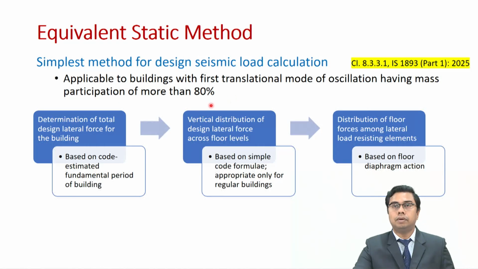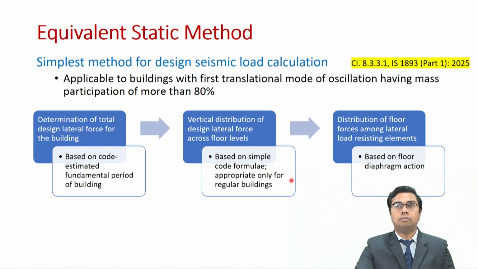The first step in this will be to determine the total design lateral force for the building. This will be based on code estimated natural period of the building. Then we shall move to vertical distribution of the total design lateral force across different floor levels. This will again be based on simple code based formulae, which is appropriate only for regular buildings.